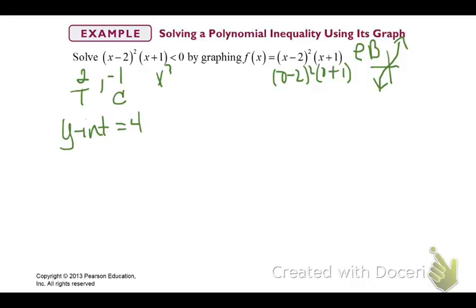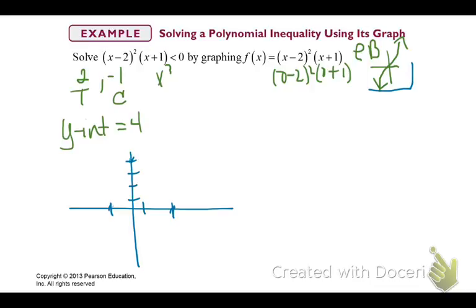All right, so let's graph it. So I have a negative 1 over here, and a 2 over here, and a y-intercept of 4. We know that our end behavior must mimic the end behavior of our positive odd, right?